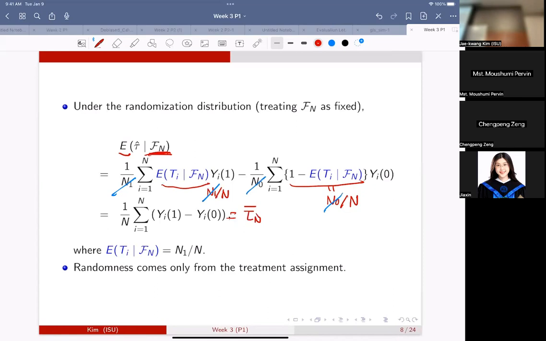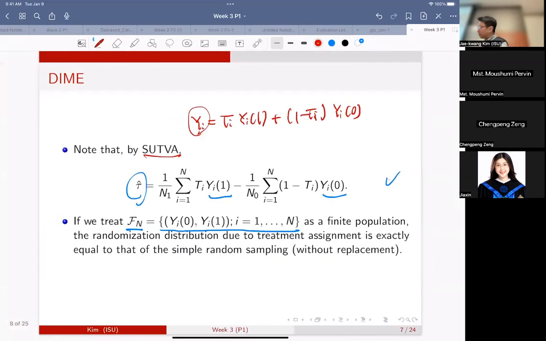If without the condition on F, we would define things differently, and what about the randomness? We'll worry about that later. Here we only condition on F. So when we say conditional on F, it means that we treat this as fixed, even though it's random.